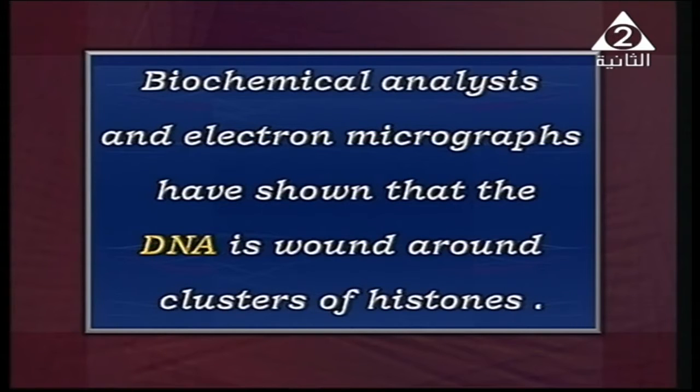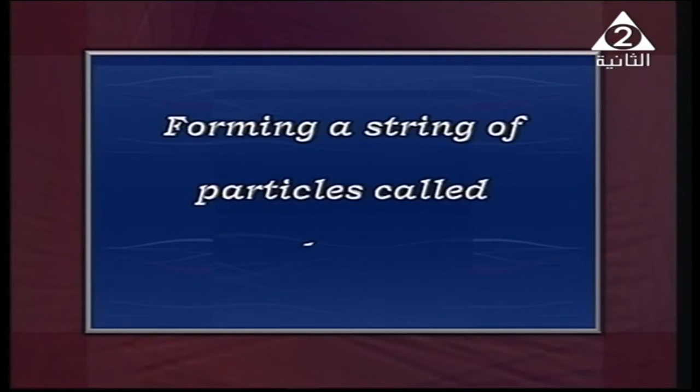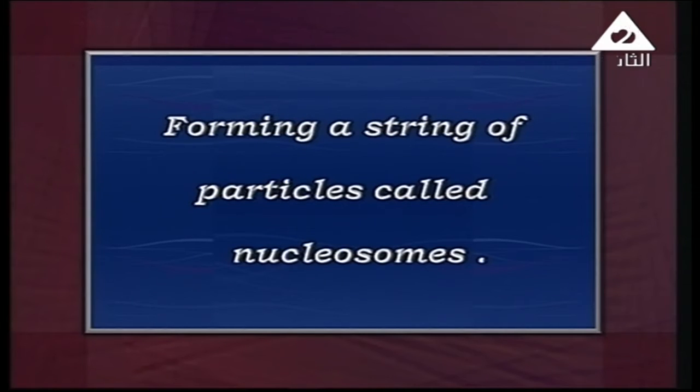Biochemical analysis and electron micrographs have shown that the DNA is wound around clusters of histones. Clusters mean a group of histones, and as we said, we have two types, histones and non-histones, forming a string of particles called nucleosomes.